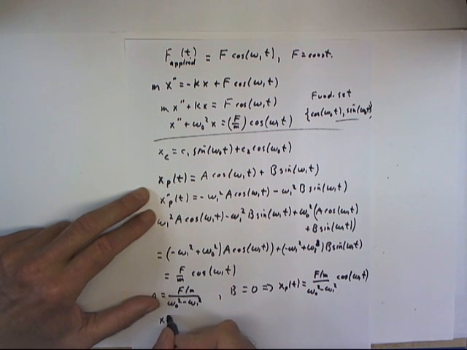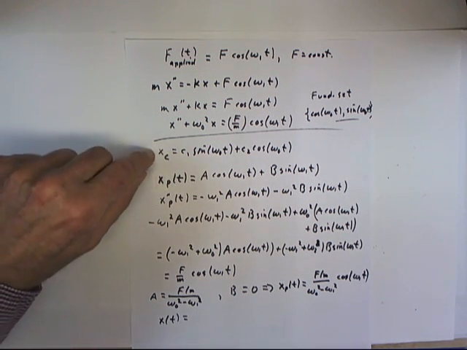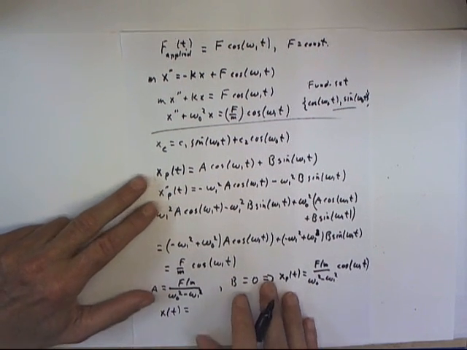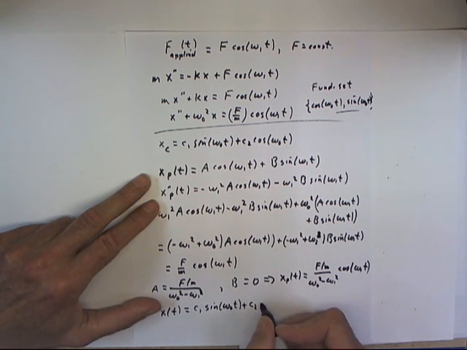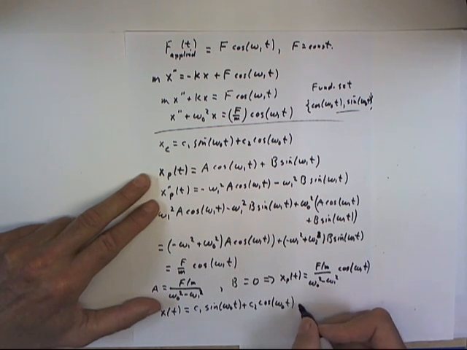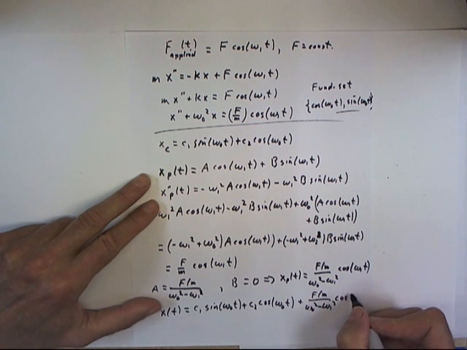So that our x of t function, which is going to be a sum of the characteristic and particular solutions, will end up being c1 sine of omega naught t plus c2 cosine of omega naught t plus F over m times omega naught squared minus omega 1 squared, cosine of omega 1 t.